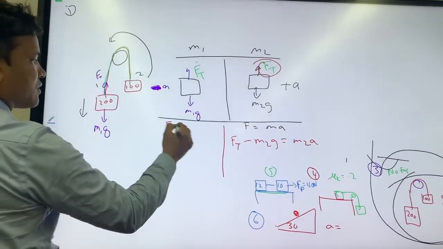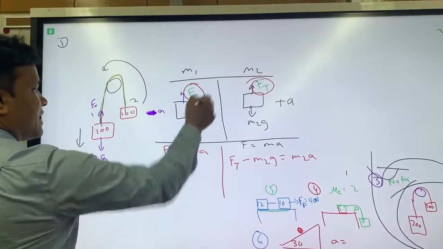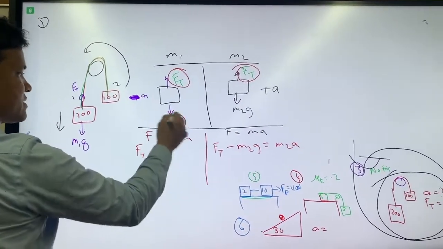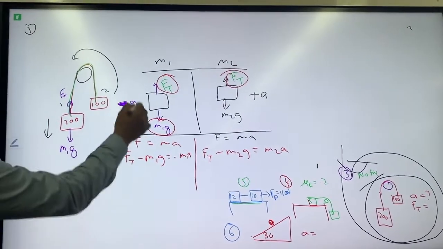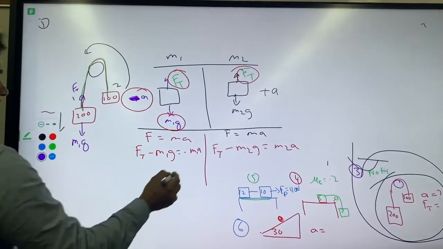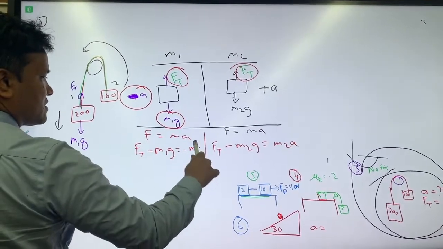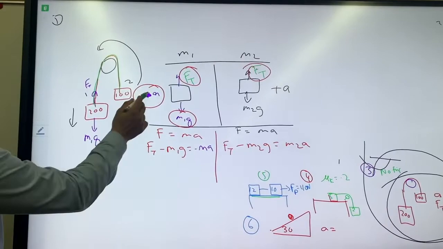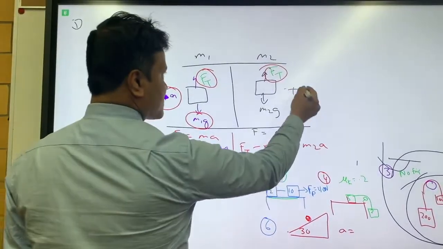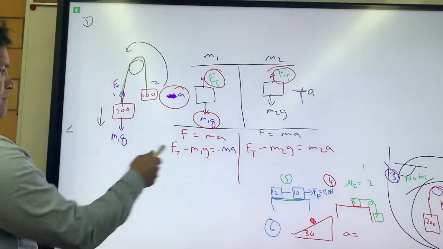Now I'm going to write F equal to ma here. Ft minus m1g is equal to minus m1a. Why minus? Because this is negative here, and this is positive here. Now I have two equations.